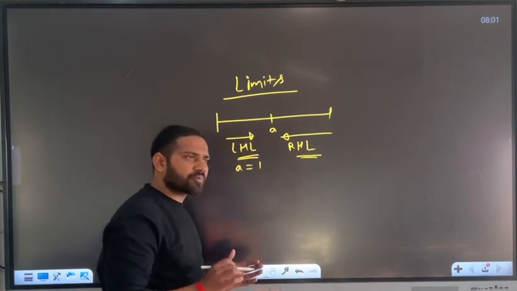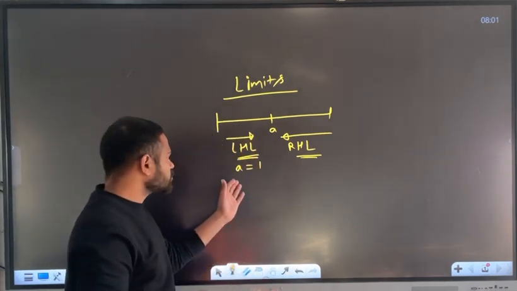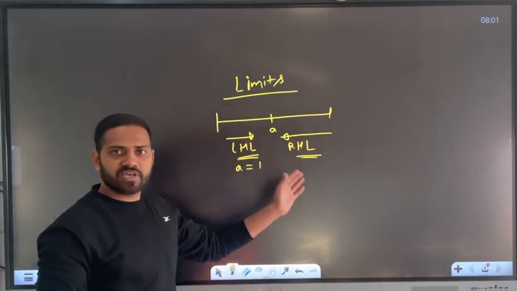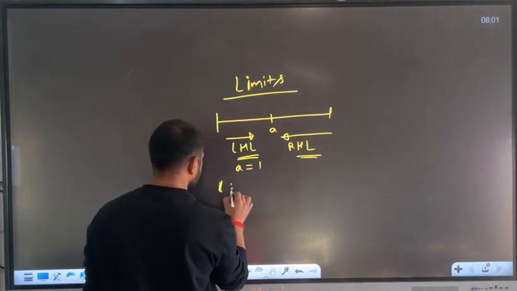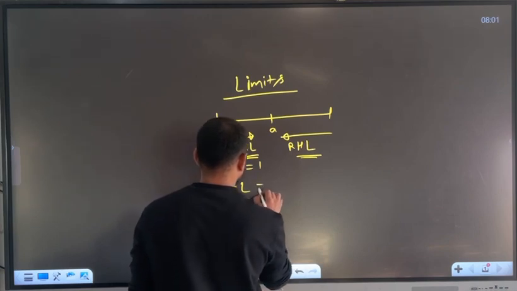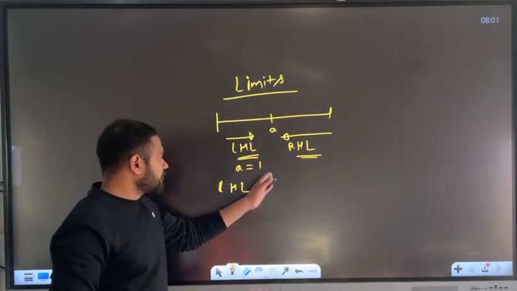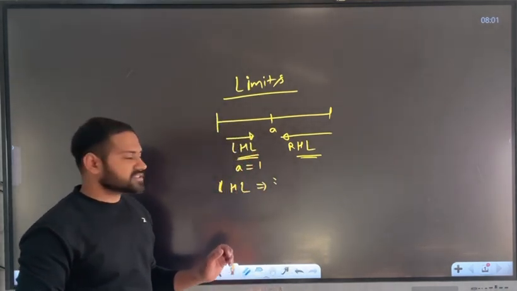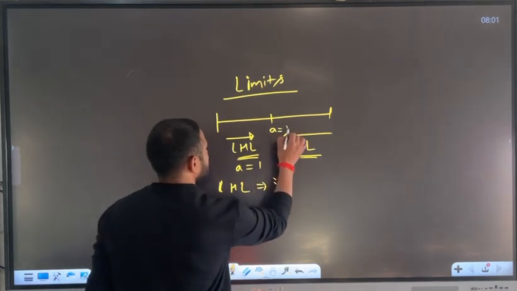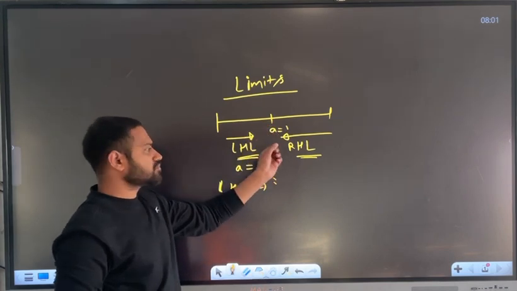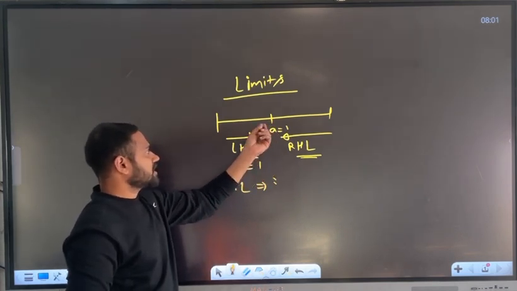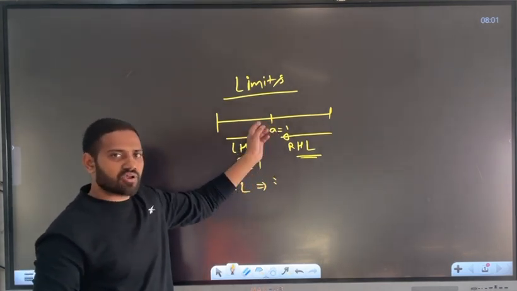So we want to approach 1. We can approach 1 from the left hand side as well as from the right hand side. Suppose that we approach 1 from the left hand side, then here a will be equal to 1 and we will take a number just smaller than 1.